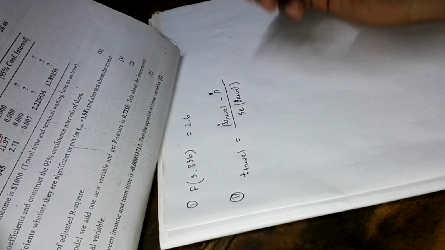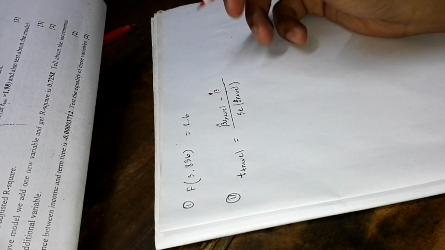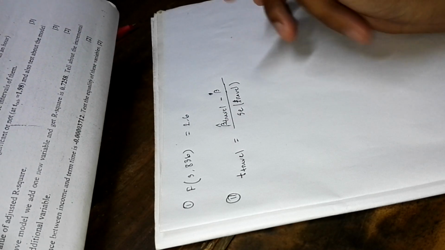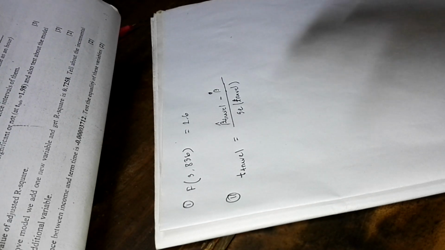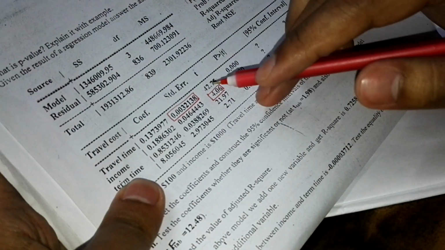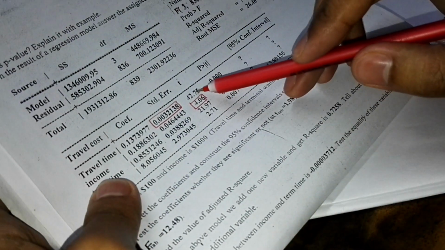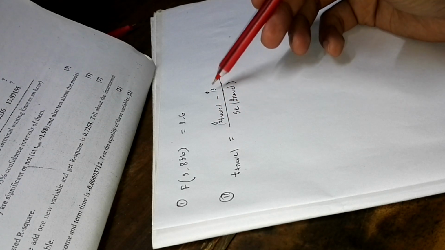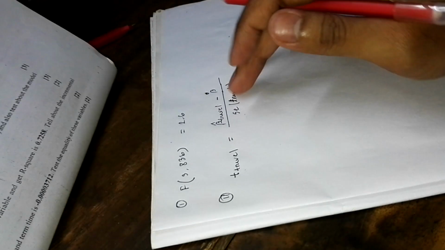So let's check it. If we want to find out the t-value, we have the t-value and the coefficient here, which is beta hat, and it's just beta. So we want to find out the standard error, just interchange it.